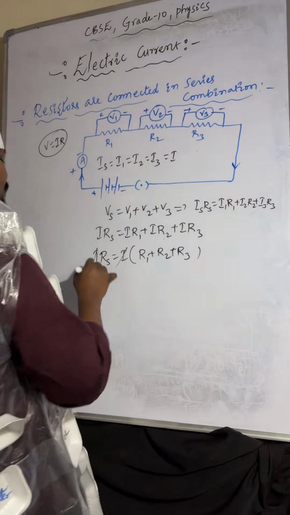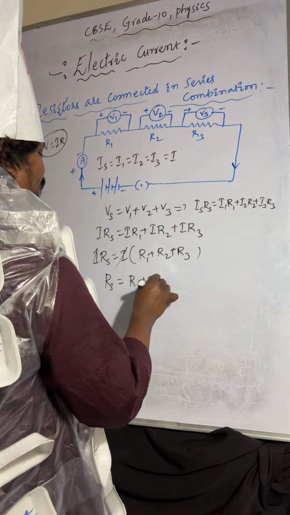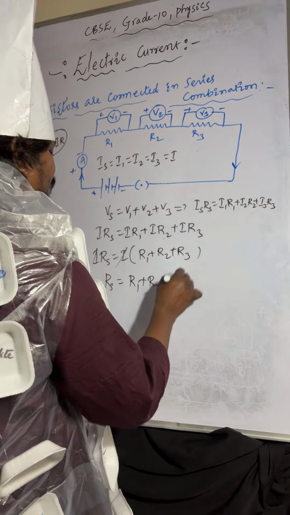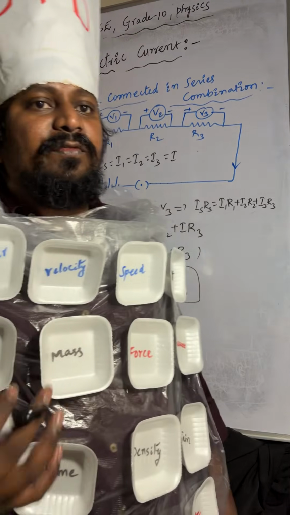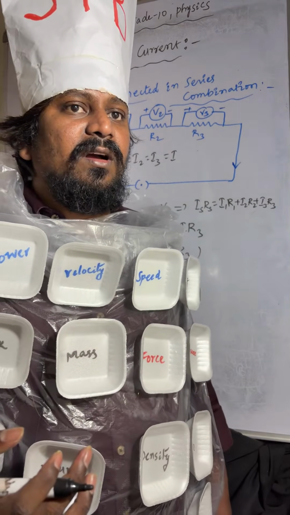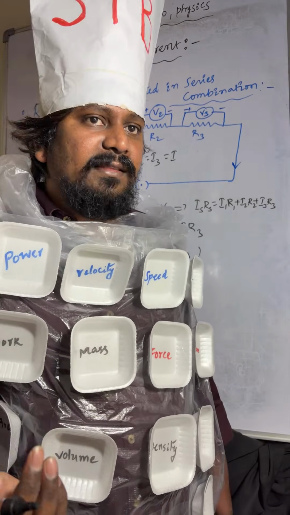So I gets cancelled, and the remaining values give Rs equals R1 plus R2 plus R3. So if resistors are connected in series combination, Rs equals R1 plus R2 plus R3.